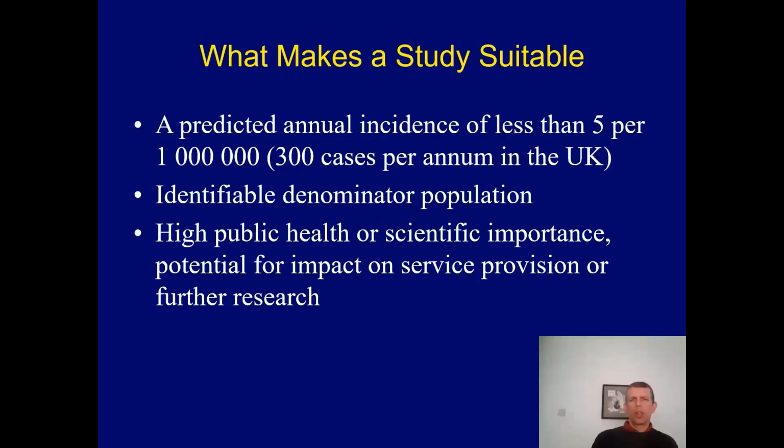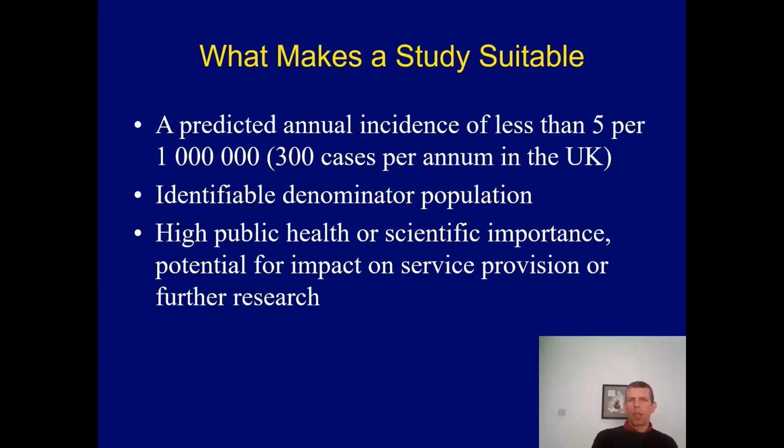Studies are judged to be suitable for rare eye disease surveillance based on three main criteria. Firstly, they obviously have to be rare, and our definition of rarity is a population incidence of less than 5 per million, which roughly equates to 300 cases per annum in the UK.